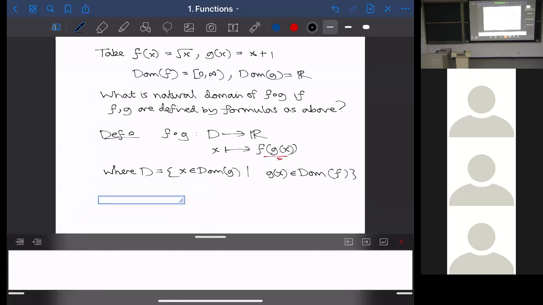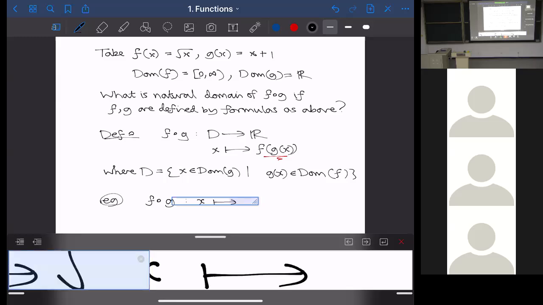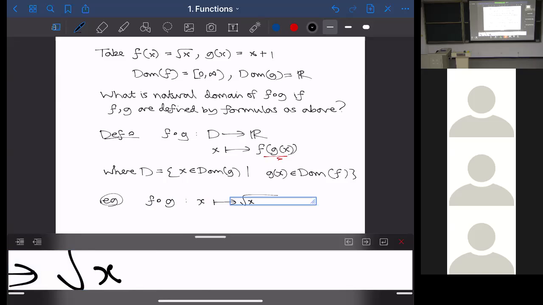Okay, so some examples. So f composed with g, if f and g are as shown at the top of the page, takes x as input and gives x plus 1, and then take the square root, that's f.